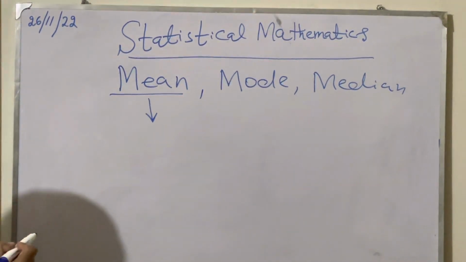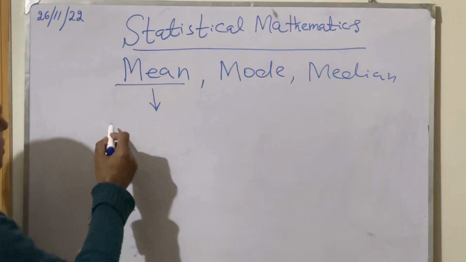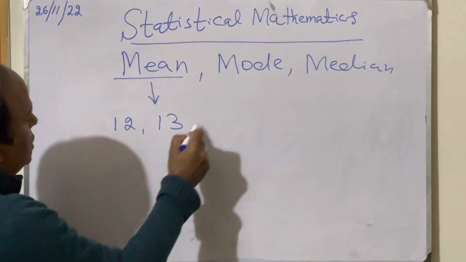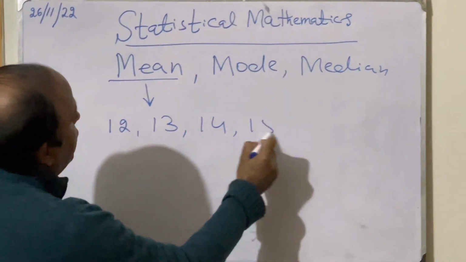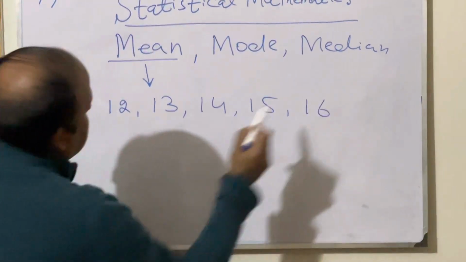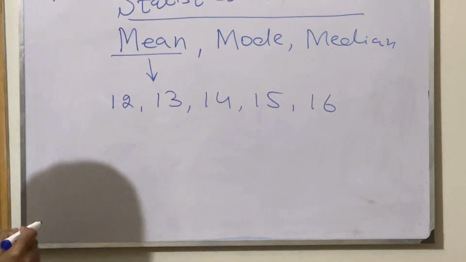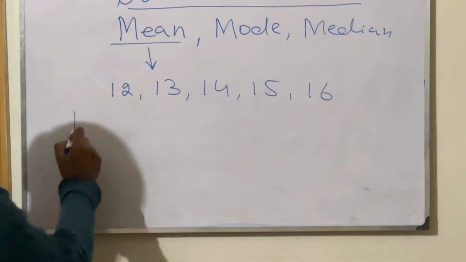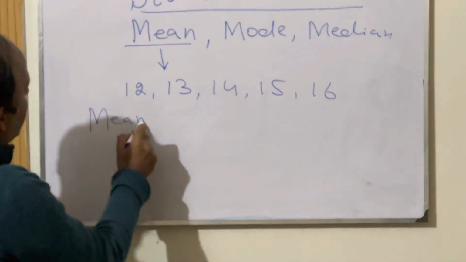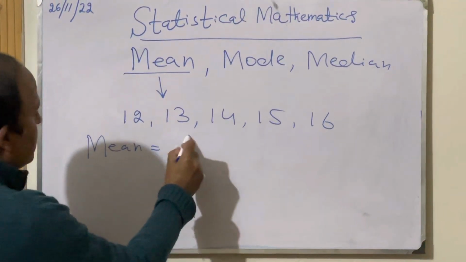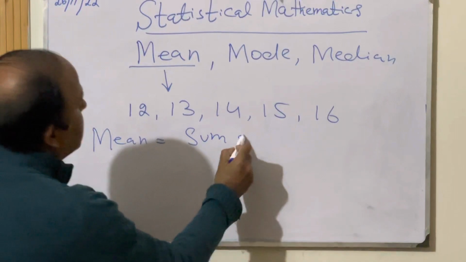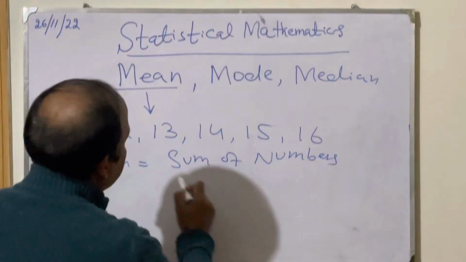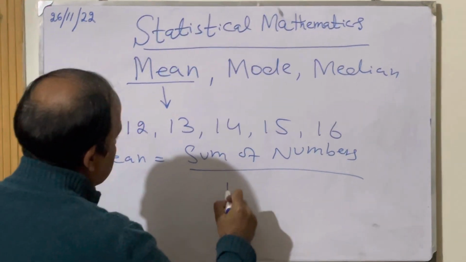Let's say I have certain numbers like 12, 13, 14, 15 and 16, and someone asked me to calculate its mean. So all I need to do is use a formula. Mean has a formula: sum of numbers, all these 5 numbers, divided by number of numbers.